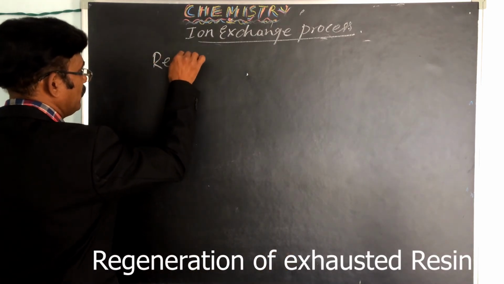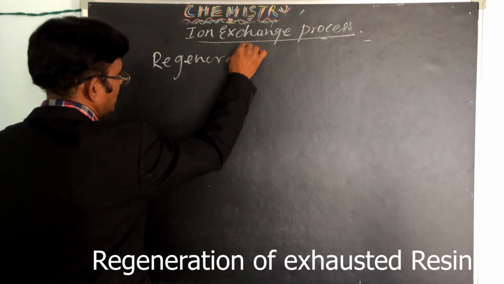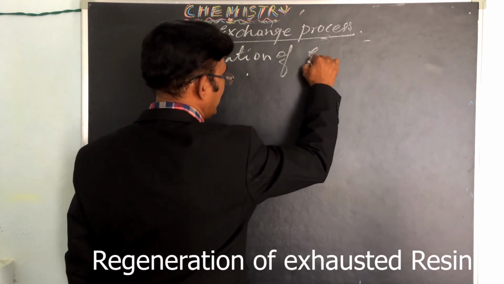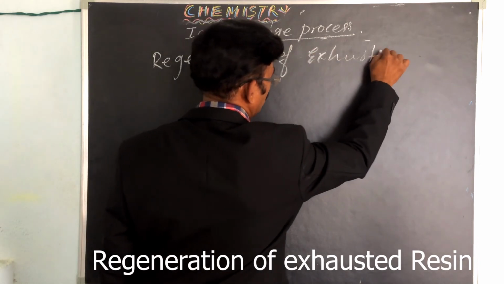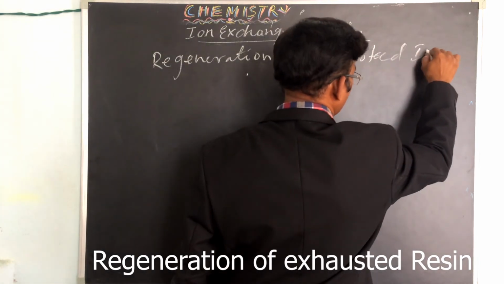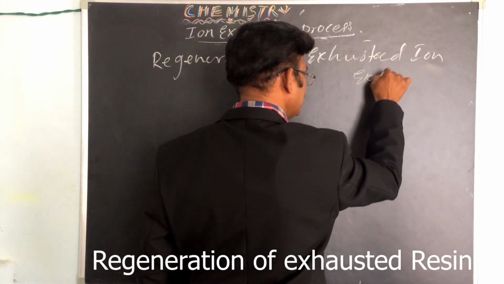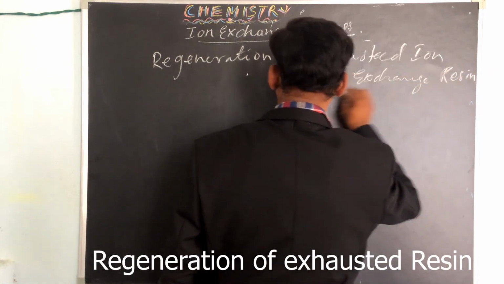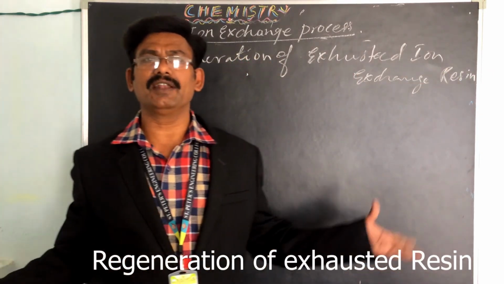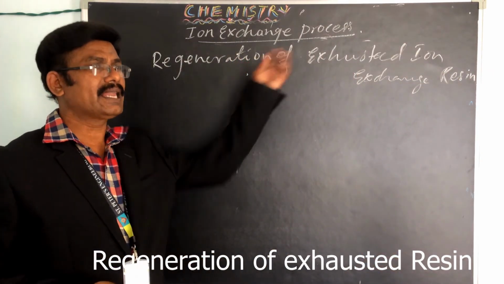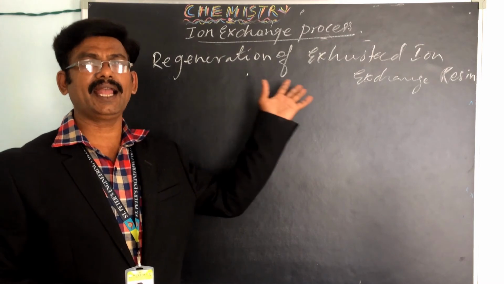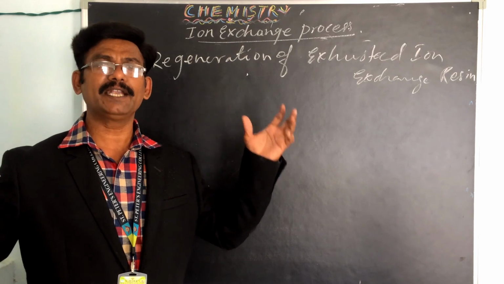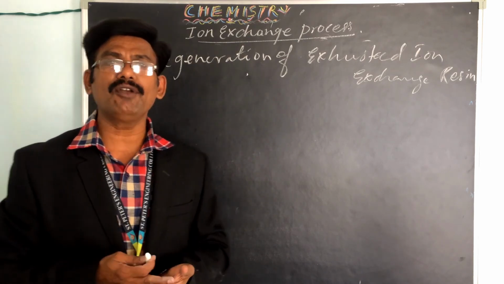Exhausted, because the cation resin has taken up cations and the anion resin has taken up anions, so almost all salts are deposited in the resin. So what do we have to do?